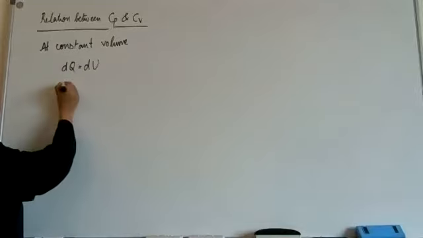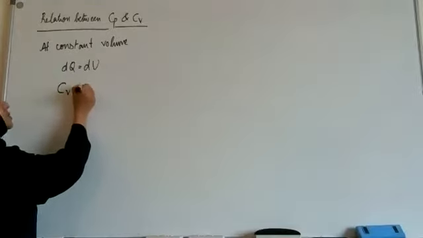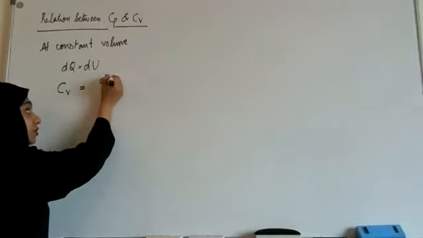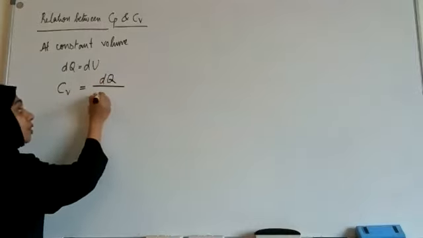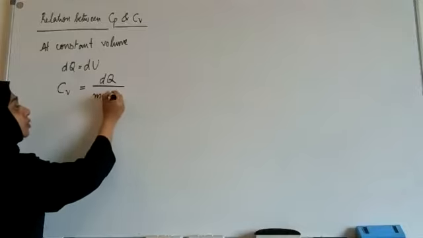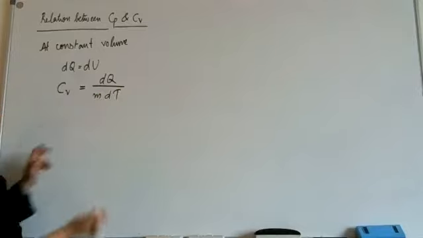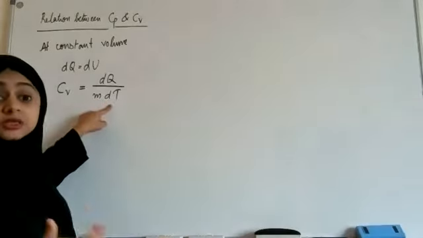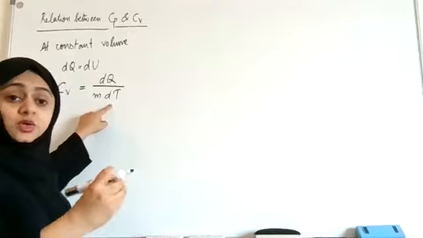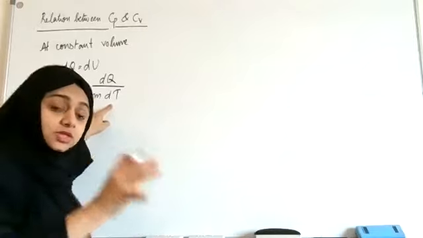And we know that Cv, the molar specific heat, is the amount of heat required to raise the temperature of 1 mole of gas through 1 Kelvin, where m is the number of moles, dT is the change in temperature, and dQ is the amount of heat energy given.